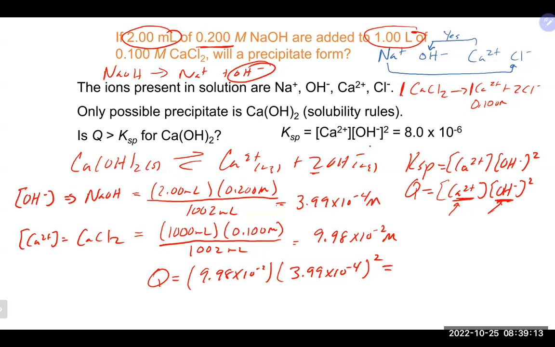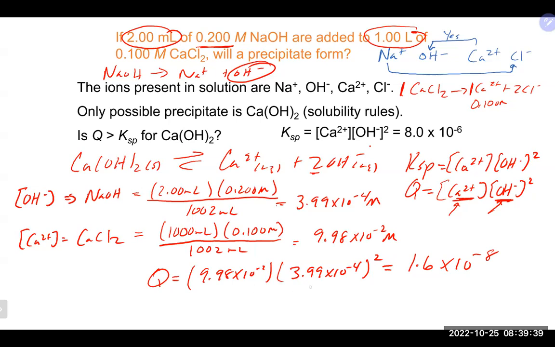That gets us 3.99 to the minus 4 squared times 9.98 to the minus 2 gets us about a 1.6 times 10 to the minus 8 as our Q value. Any questions on that there?